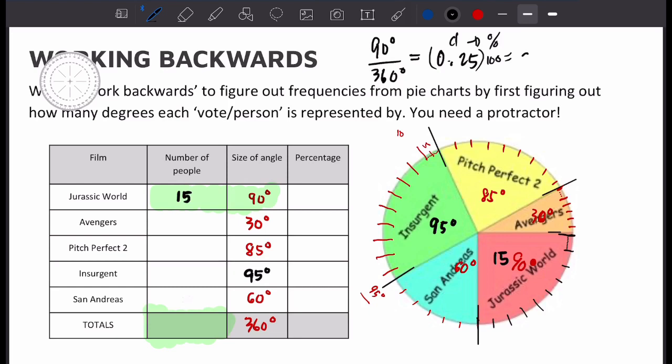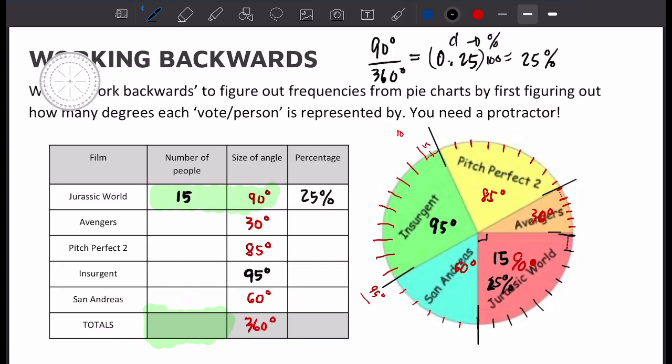So this is 25%. So Jurassic World occupies 25% of the pie chart. It measures 90 degrees and it occupies 25% of the pie chart.